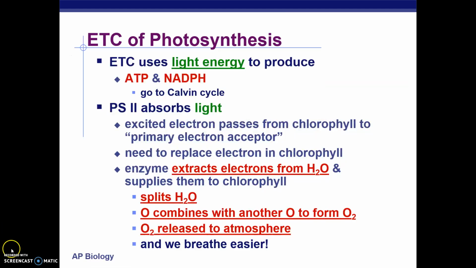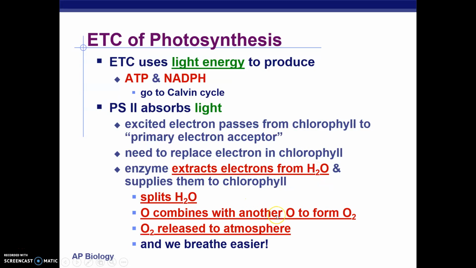To summarize ETC of photosynthesis, ETC used light energy from the sun and it produced two very important molecules, ATP and NADPH, both of which will be used in the Calvin cycle. Photosystem 2 absorbed light, it excited the electrons, and to replace those electrons from the chlorophyll pigment, the same enzyme extracts electrons from the water molecule by splitting the water molecule.